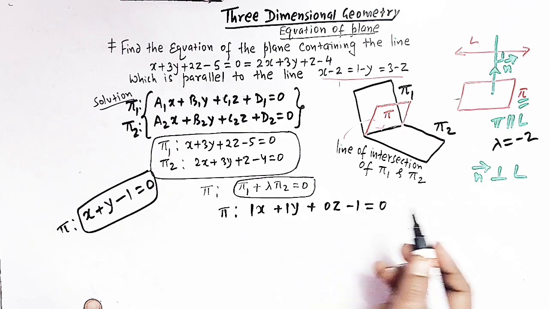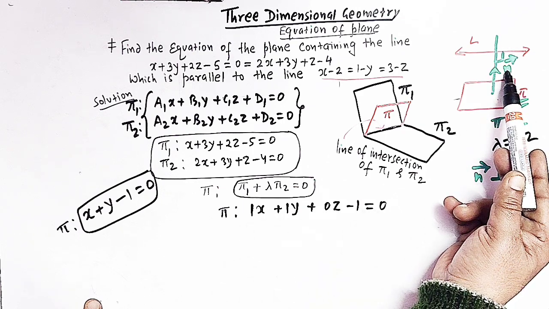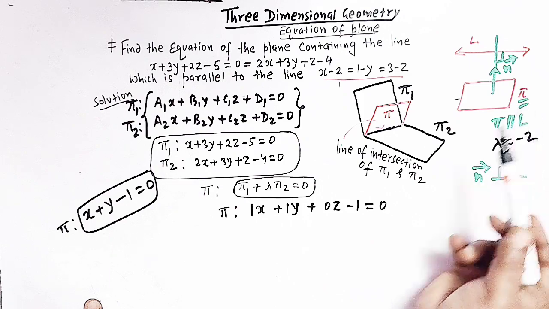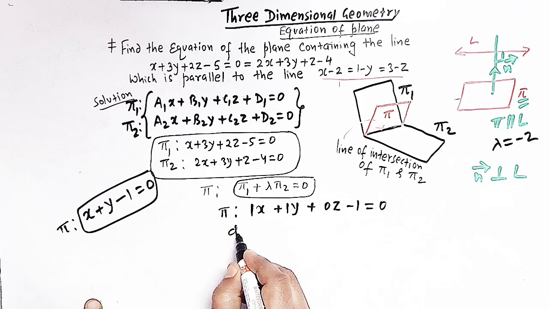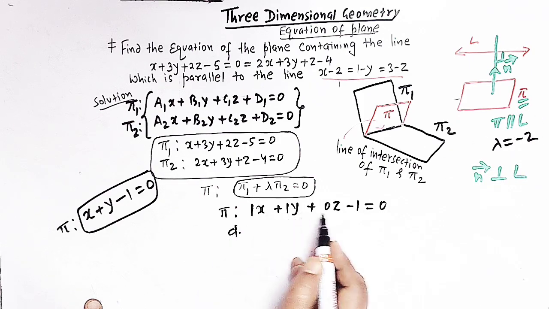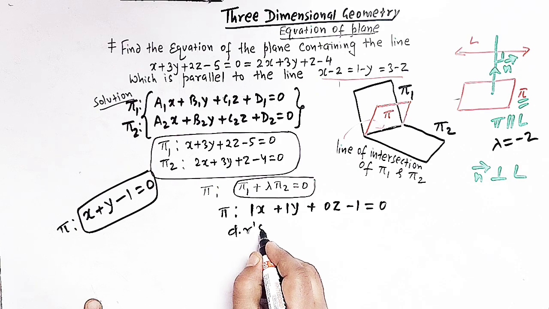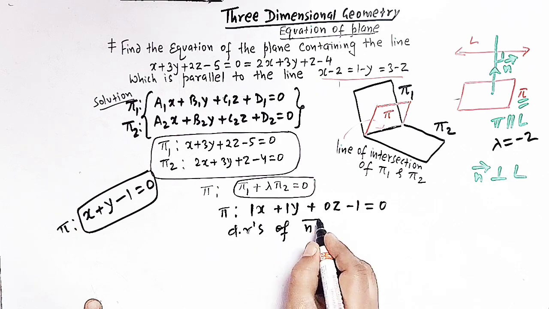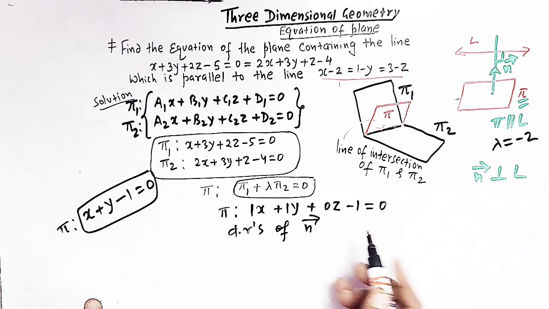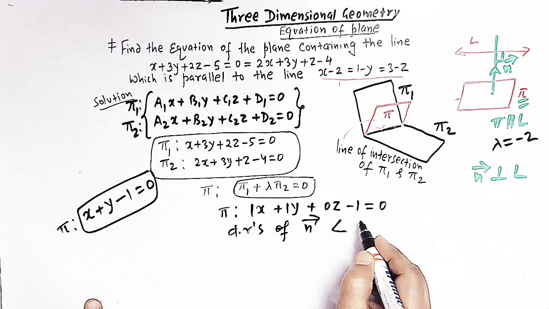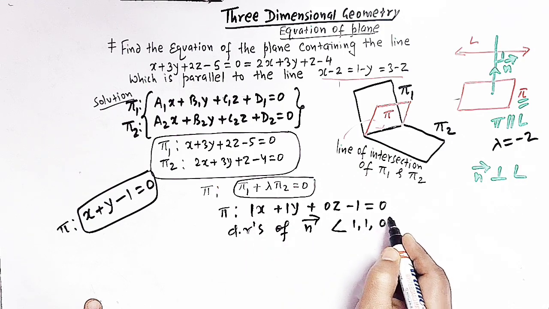So the direction ratios of the normal vector to this plane pi are given by the coefficients of x, y and z. So the direction ratios of the normal vector to this plane pi are given by 1, 1 and 0.